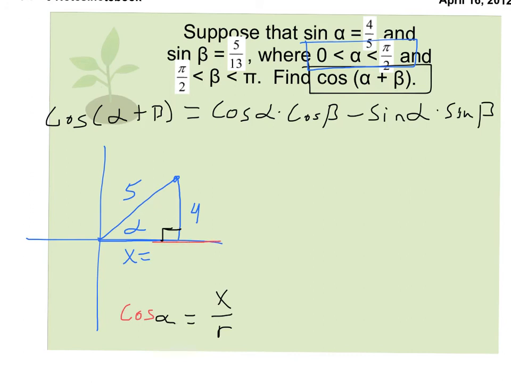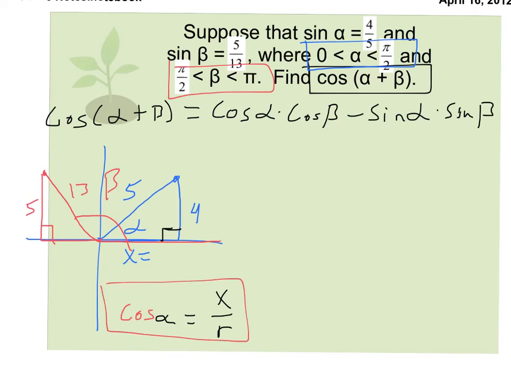Now over here, this tells me beta is in quadrant 2, so this whole thing right there, that's beta. This says that beta has a sine value of 5 over 13. Same thing, if I could find x, I could get its cosine value, because cosine is x over r.